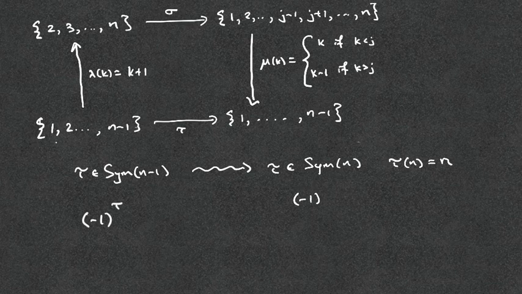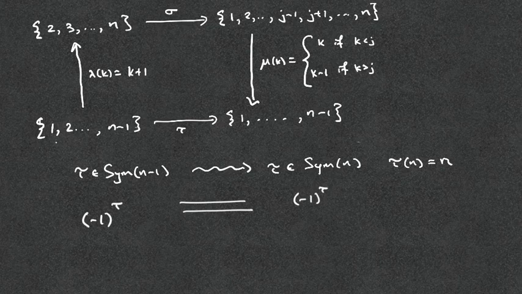The number of transpositions needed to get everything back to our original ordering is exactly the same, whether we see it as a function on n minus 1 elements or on n elements. And so in both of those groups, the sign of tau is going to be exactly the same.